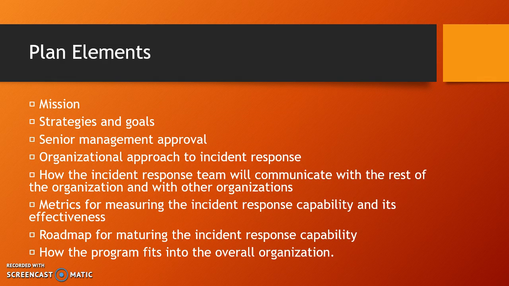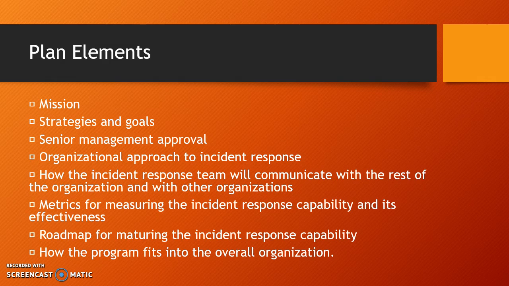Elements of the plan: the mission, strategies and goals, and senior management approval has to be included in there. Organizational approach: how the organization approaches the incident, who does what when. These are the different parts of the action plan. How will the incident team communicate with other elements or the rest of the organization?